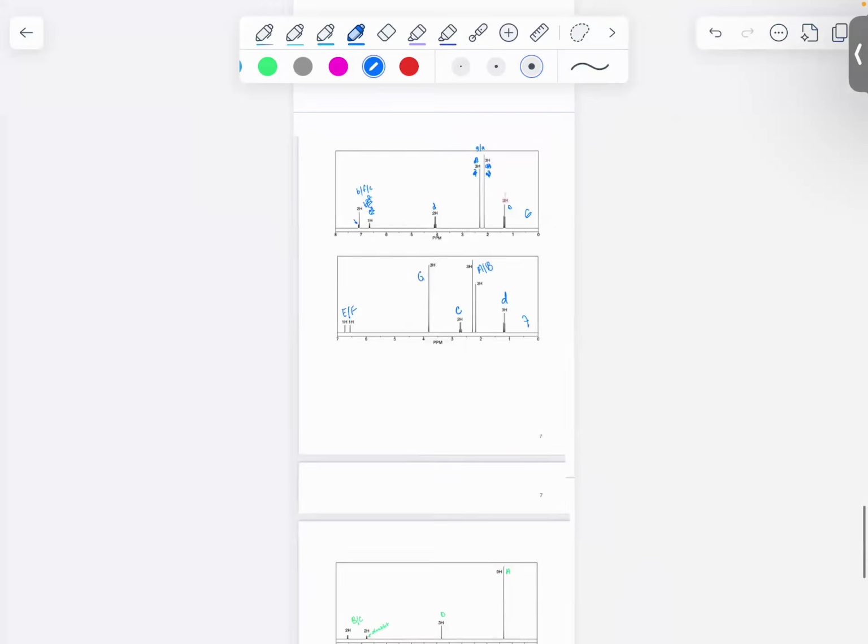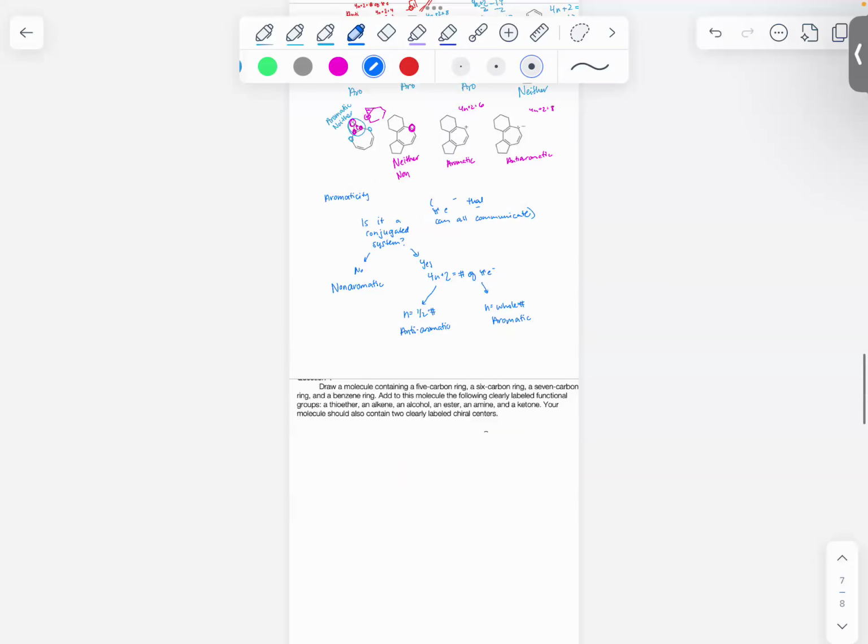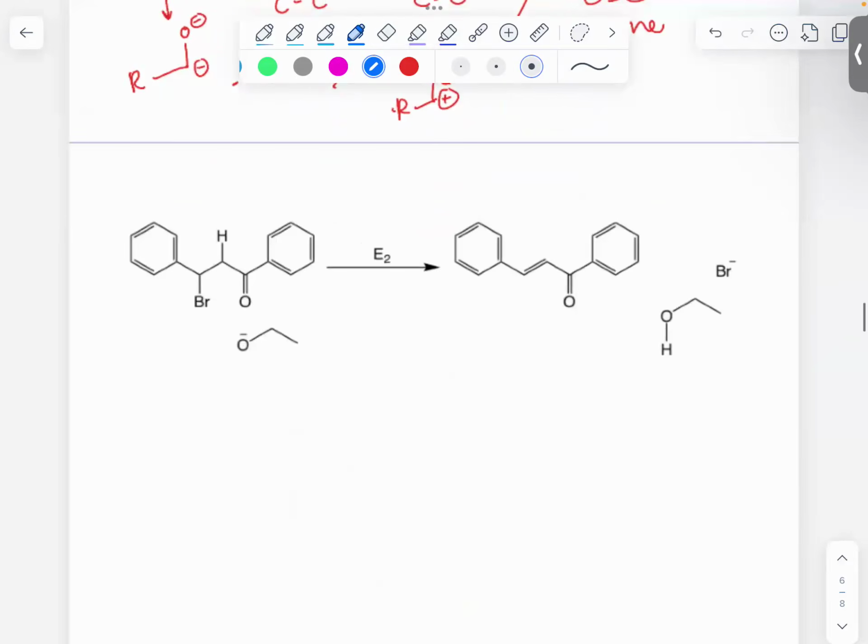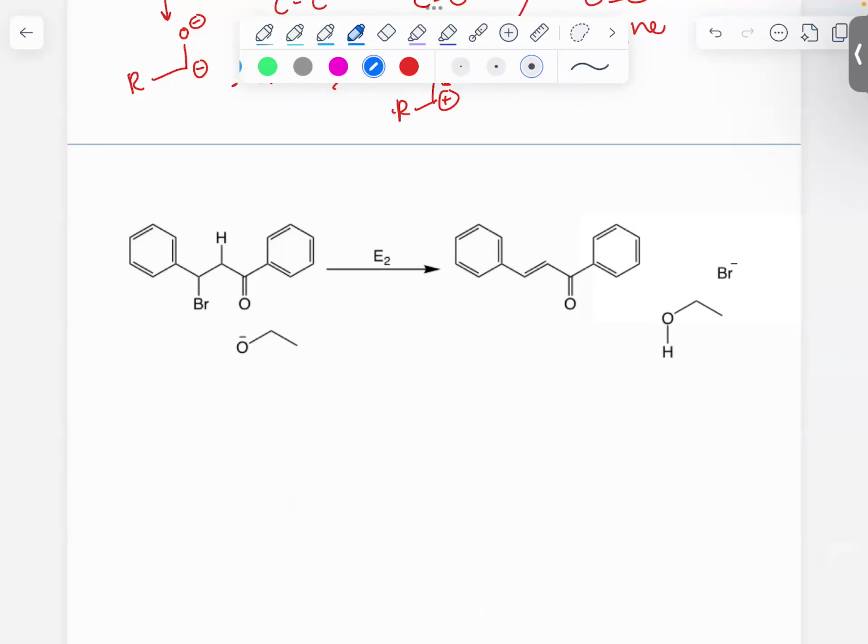Okay. I have an elimination reaction and a draw molecule. Which one sounds more appealing? Cool. So I've got an elimination reaction here, specifically an E2 reaction.